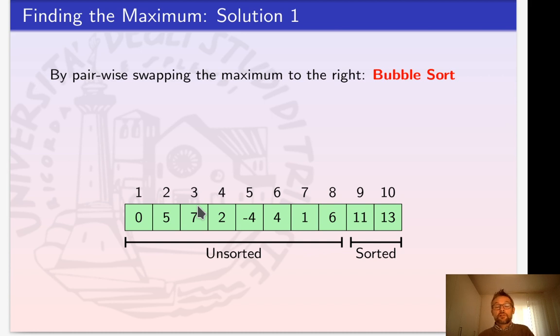So the point right now is how can we find the maximum? Well, a possible strategy is by pairwise swapping the maximum to the right, and this ends up with an algorithm called bubble sort.